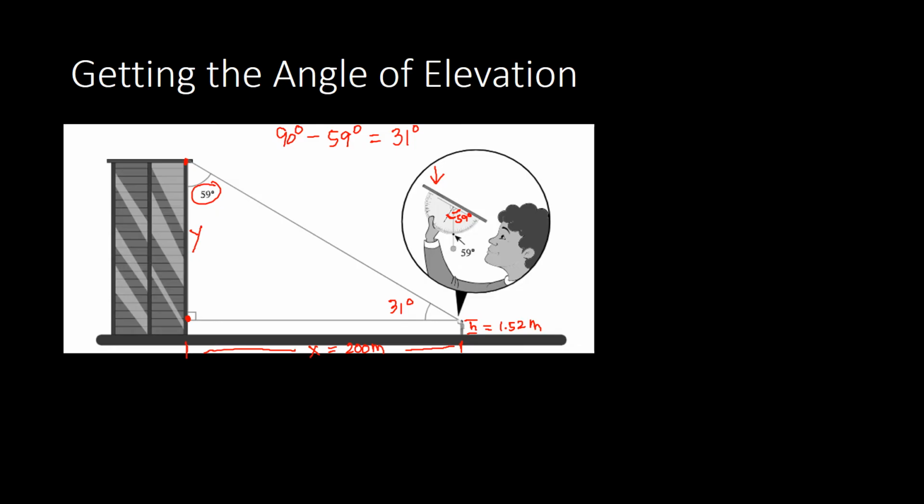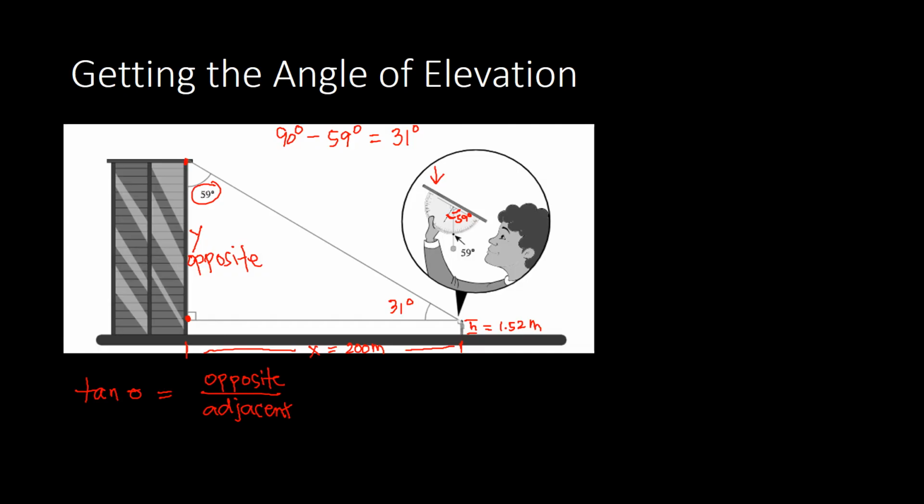In solving for Y, we are going to utilize tangent theta, which is equal to the opposite over the adjacent side of our angle. For this one, we're using 31 degrees. Y here is our opposite side.